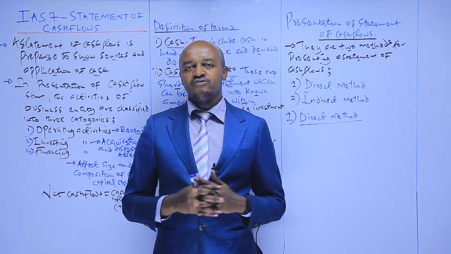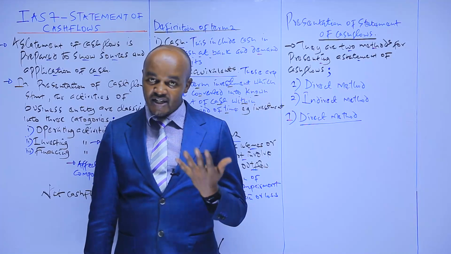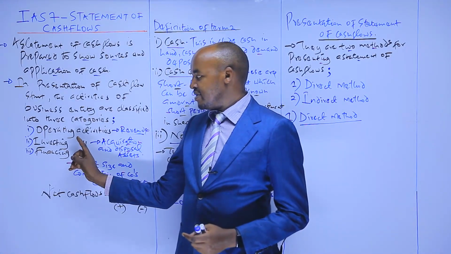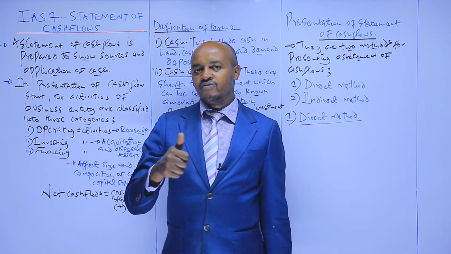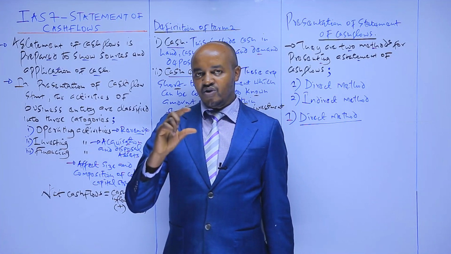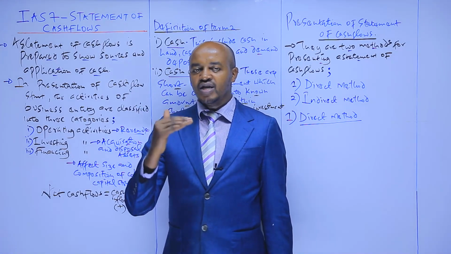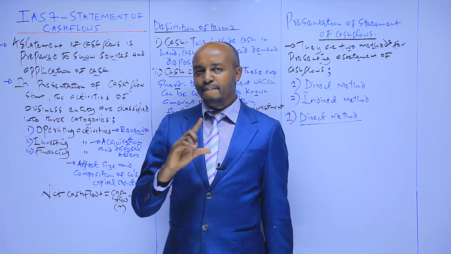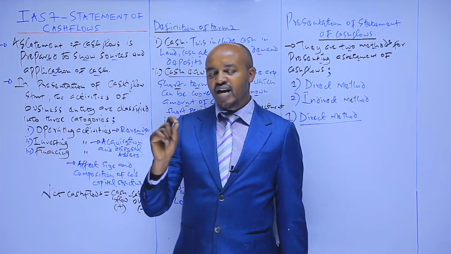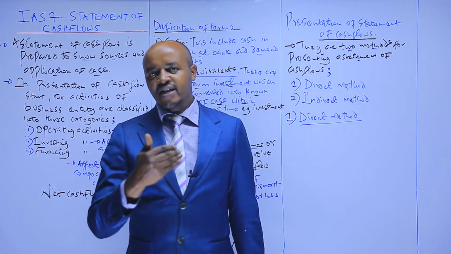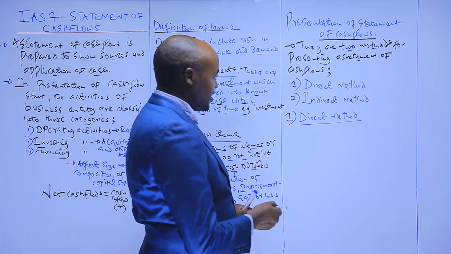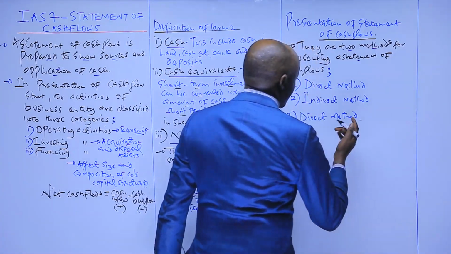Under the two methods, we determine the net cash flow from investing activities and financing activities using the same approach. The only difference is how we determine the CFO, the net cash flow from operating activities.